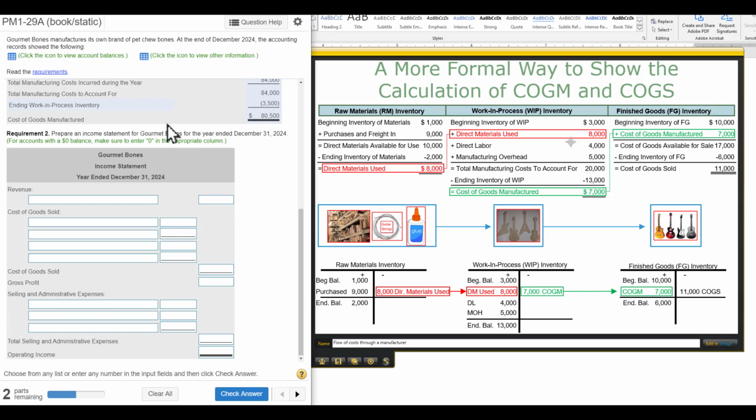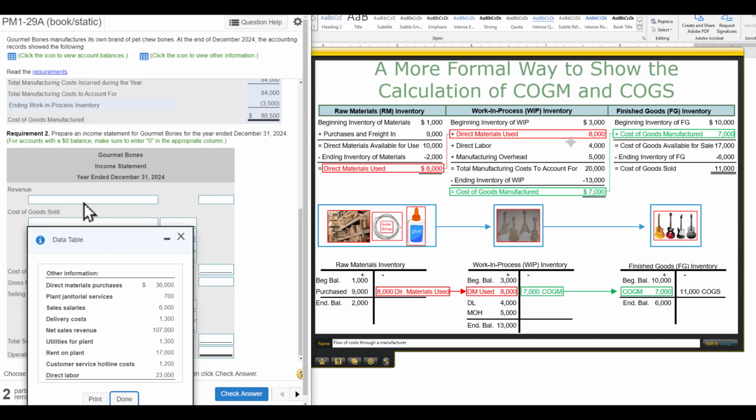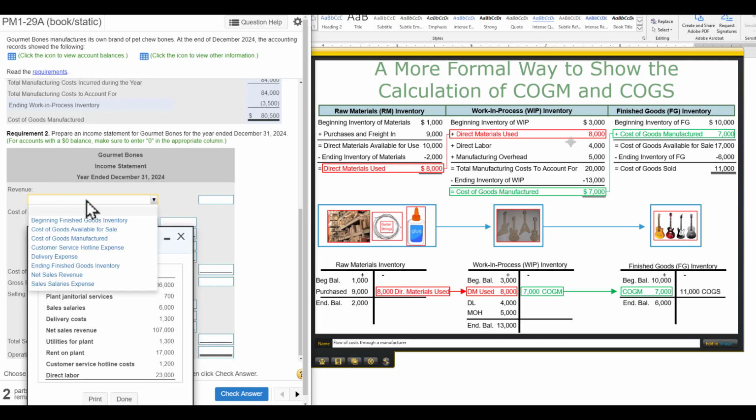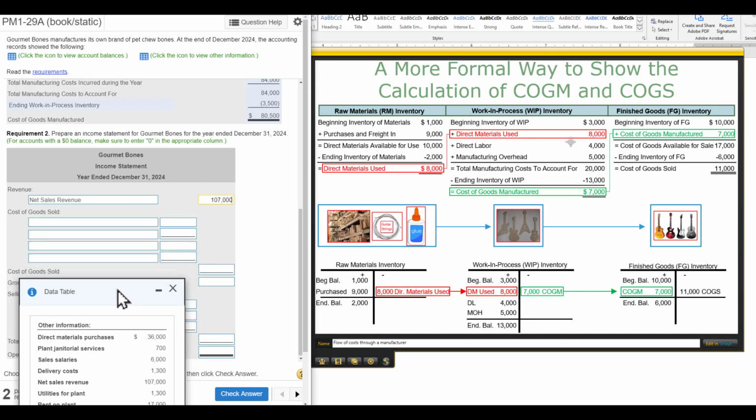Now we're going to work on the income statement. So for the income statement, we need this info here. So we're going to find revenue, net sales revenue, which is right here, 107,000. Cost of goods sold. So see this explanation of how we calculate cost of goods sold?